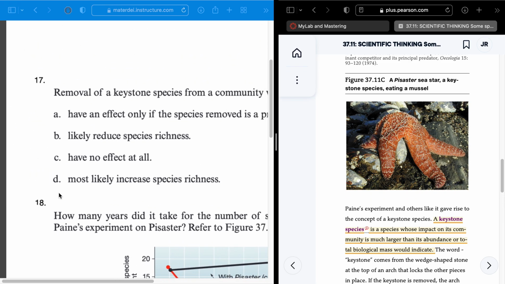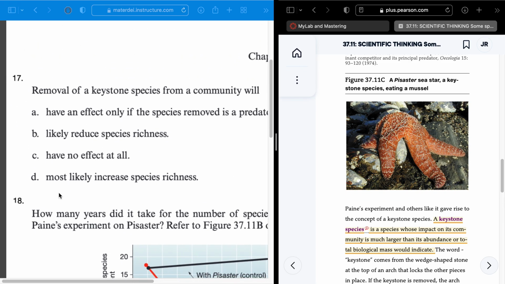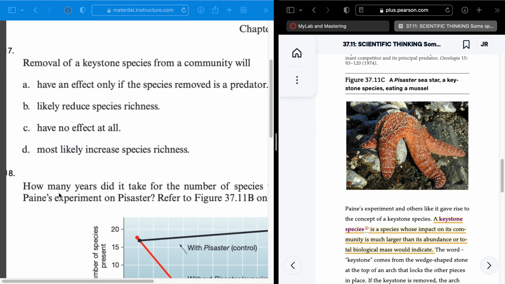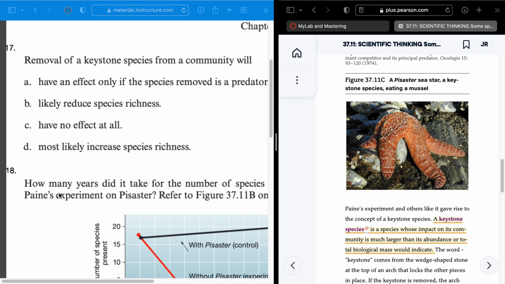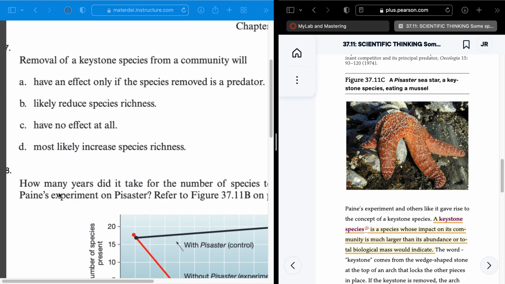So let's answer some questions about this now. 17. If you remove a keystone species from a community, will have an effect only if the species removed is a predator. Likely reduce species richness, have no effect at all. Most likely increase a lot of species richness. Now by species richness, that means that there's a lot of different species.